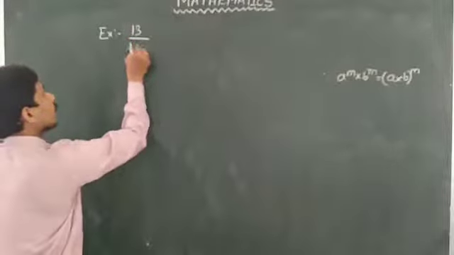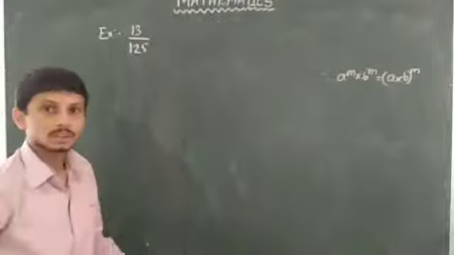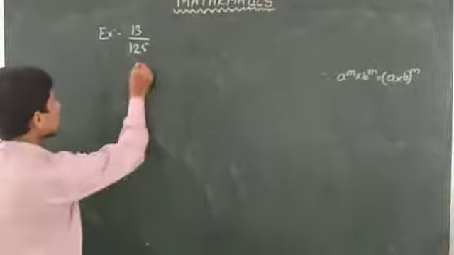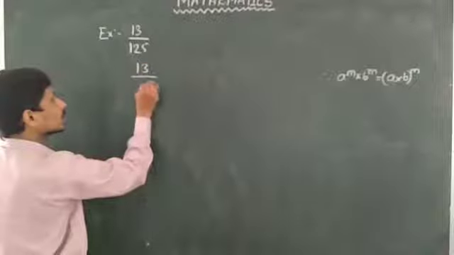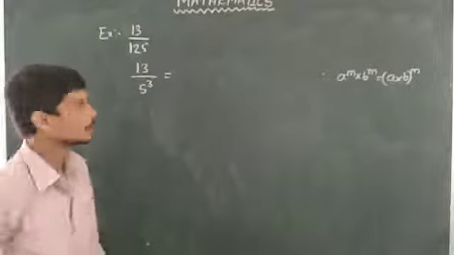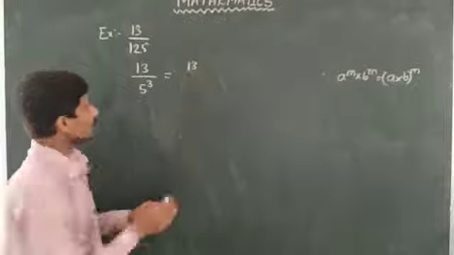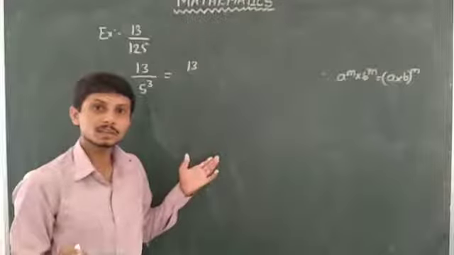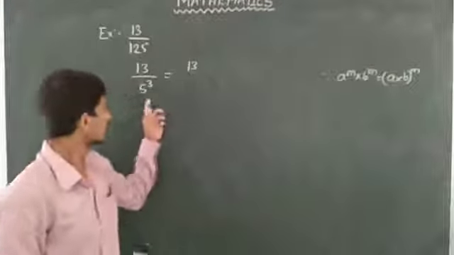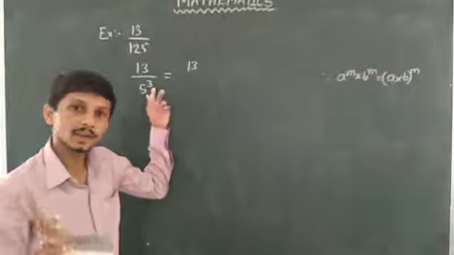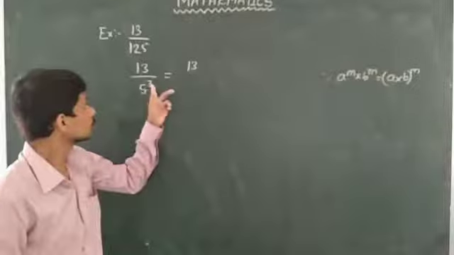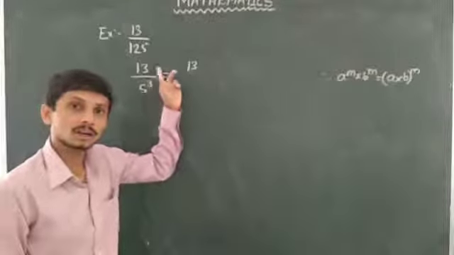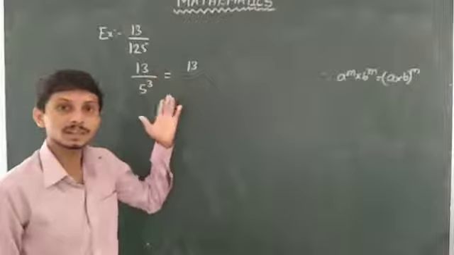13 divided by 125. So 13 divided by 125 can be written as 13 by 5 raised to 3. We have to express it in the form of 2 raised to n into 5 raised to m. 5 raised to m is already there, so we multiply 2 raised to 3 to the numerator and the denominator.